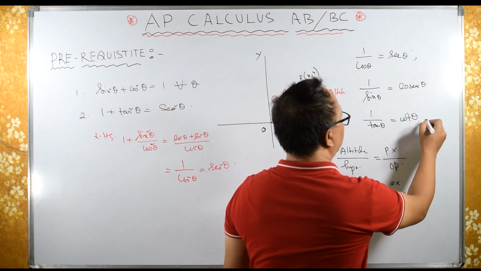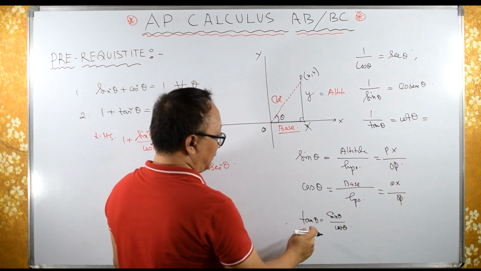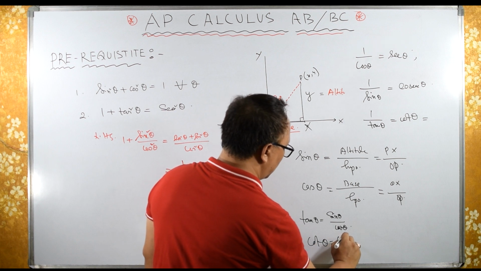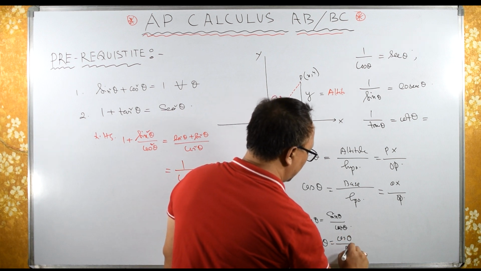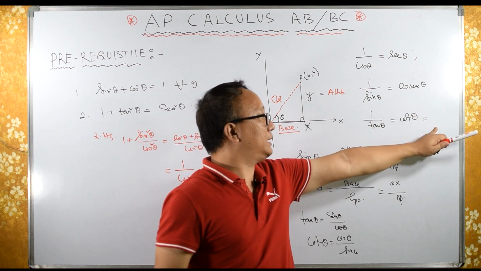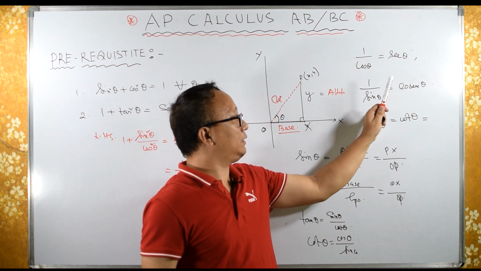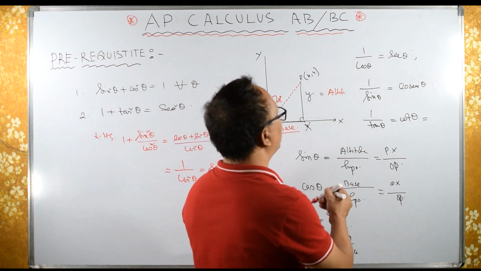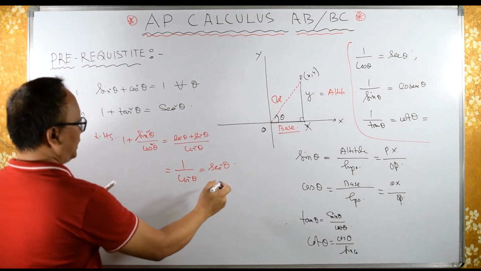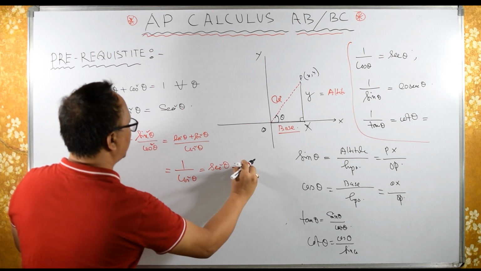And remember, cot of theta equals cos theta upon sin theta. Similarly, 1 by cos theta upon sin theta is what? You will get this. So all this you have to remember. So we started with the left hand side, and we are getting the right hand side.